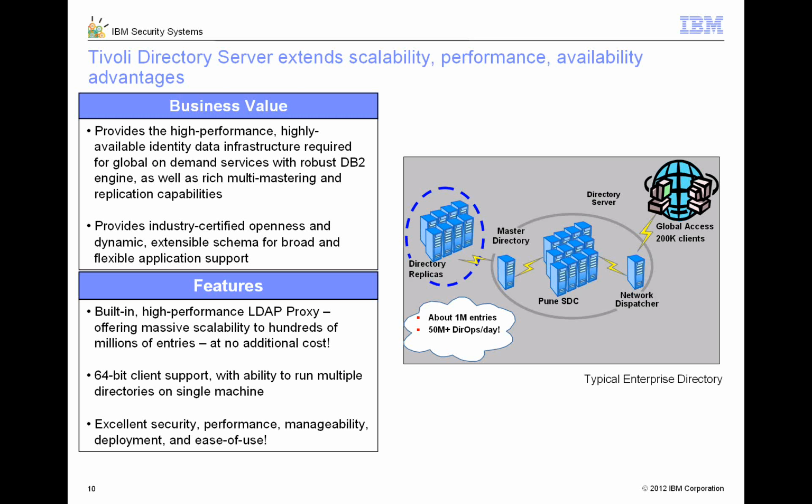What we say is you just purchase one license of TDS, and regardless of how many entries or objects you store in the directory, you don't have to pay any extra cost. So that's what it means. If you purchase the proxy license, with that license you'll be able to scale your enterprise directory starting maybe from hundreds of thousands up to multi-million objects.